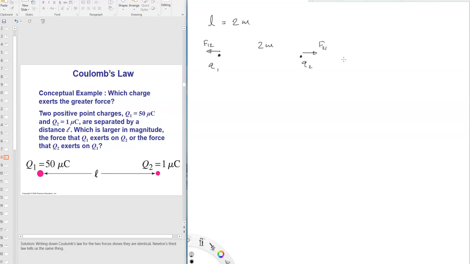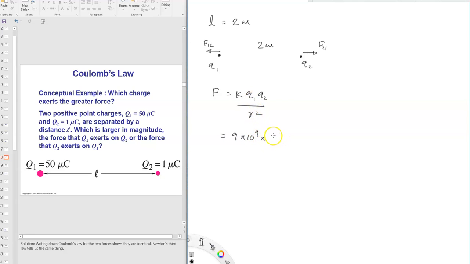Now we can either do some math and show that. You can always plug this into the equation and see what the answer is. So let's try that. Let's find the force in general. Force equals K times Q1 Q2 over distance squared. So the value of K is 9 times 10 to the 9.